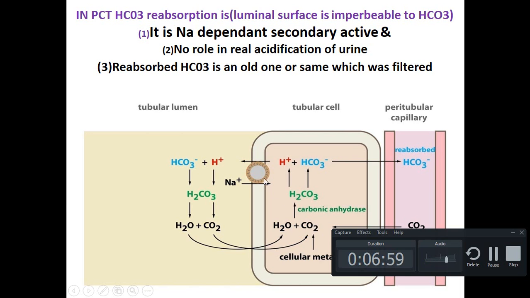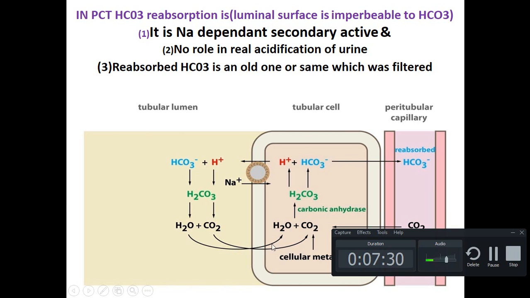Here you see that there is a hydrogen and sodium counter transport. Sodium enters into the cell, and in exchange hydrogen comes out. This hydrogen, which is secreted out, combines with the bicarb to form carbonic acid. Then this carbonic acid dissociates again into water and carbon dioxide.